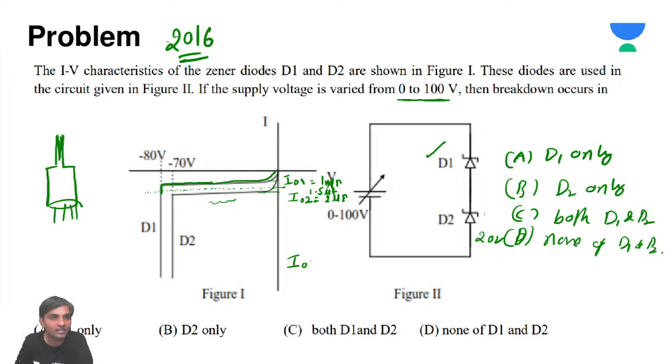Whatever current is coming here, the same current will come. Though this current capacity is high, only this small current will come out. No, Balaji, don't be in a hurry. Understand now.